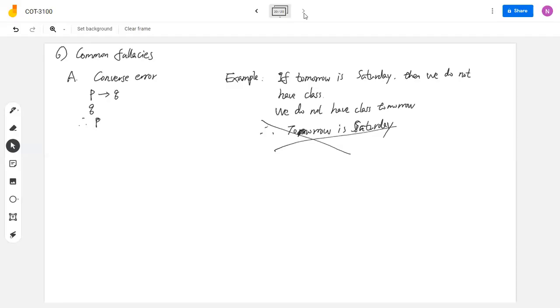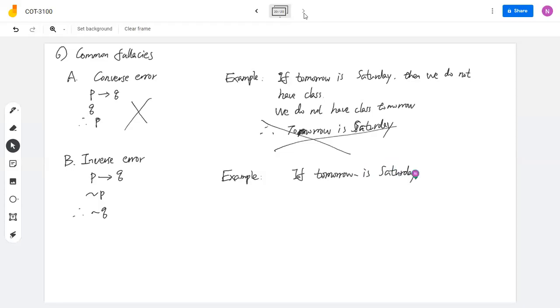The second error is called the inverse error. The abstract form is: P implies Q and not P, then we reach the conclusion not Q. This is also wrong, because not P doesn't say anything about Q. In the same example, we have if tomorrow is Saturday, then we don't have class.